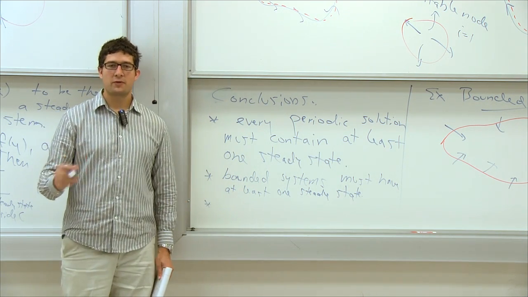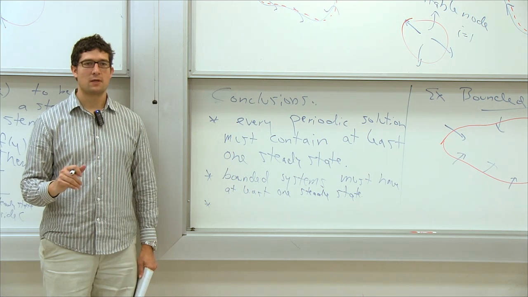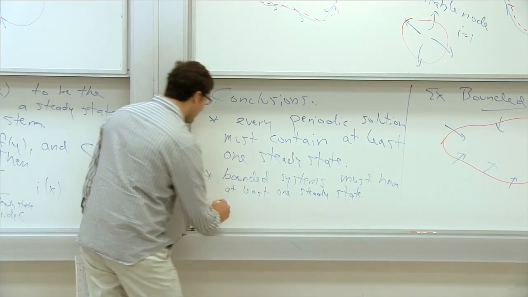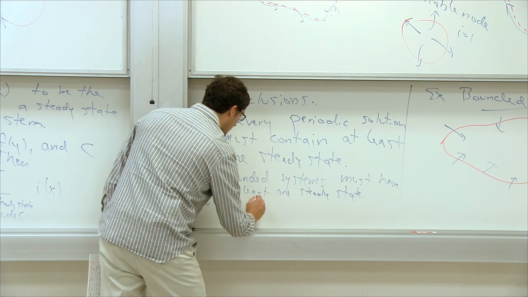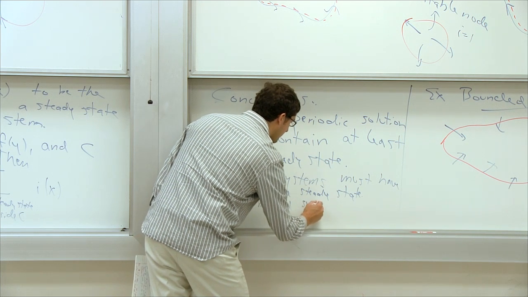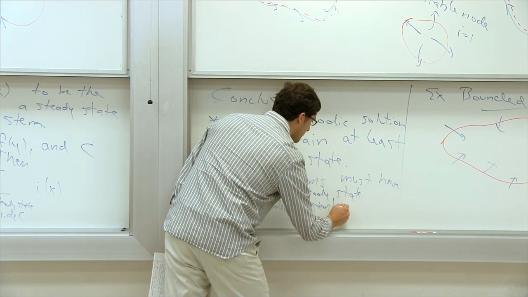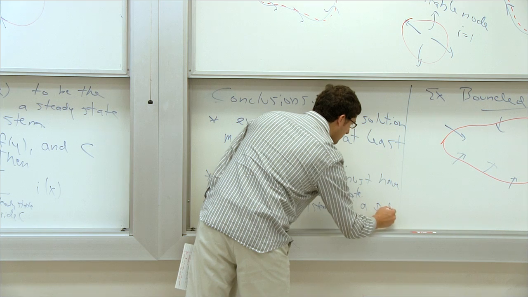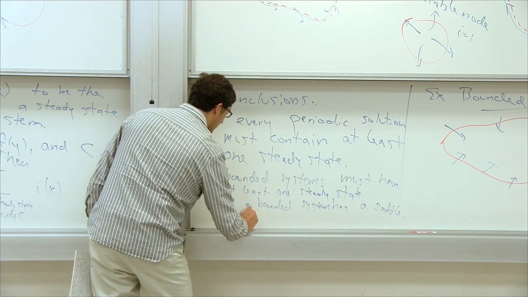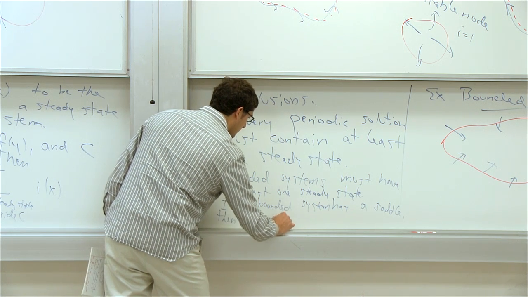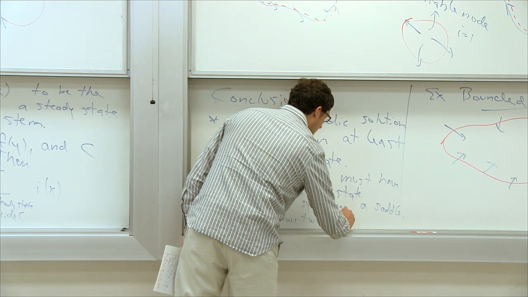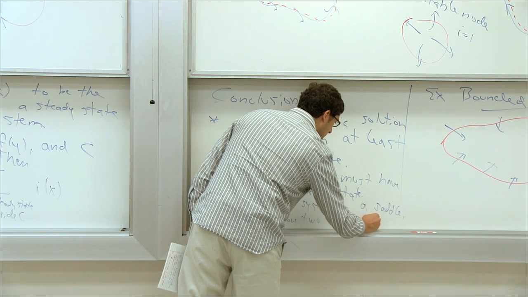Now, what happens when there's a saddle in a bounded system? If a bounded system has a saddle, then it must have what? If a bounded system has a saddle, then it must have 2 more steady states.